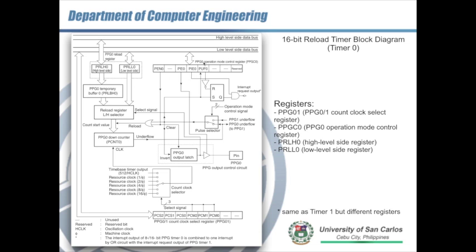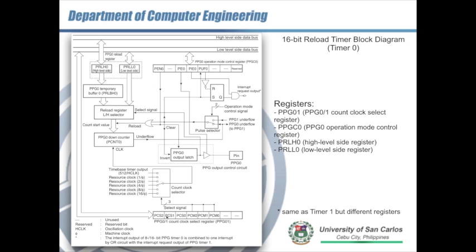That's the PPG operation mode control register, and this is the count clock selector. So we can select different clock sources for our PPG timer. We have the 512 over H clock, and 1 over machine clock, 2 over machine clock, and so on and so forth.